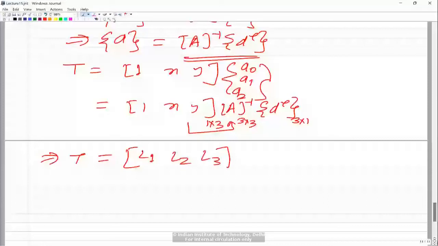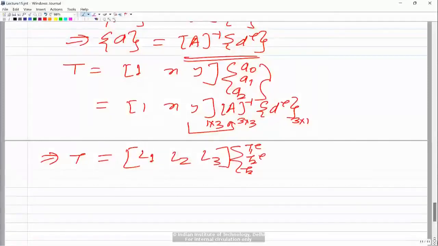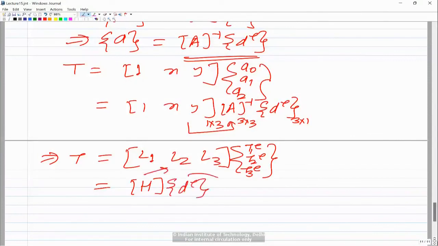And on this side we will have D, that is T1e, T2e, and T3e. I'm going to define what L1, L2, L3 are. As usual we write this as the interpolation matrix H times D. So H is given by this, and this is D, the vector of elemental degrees of freedom.